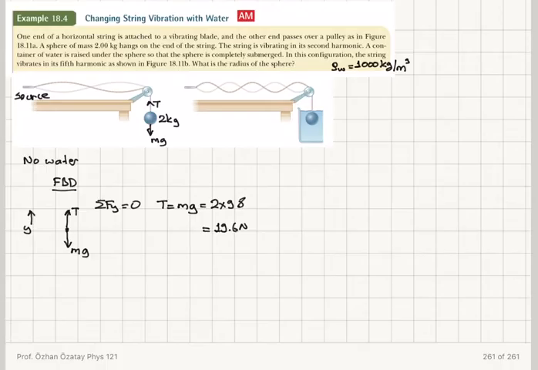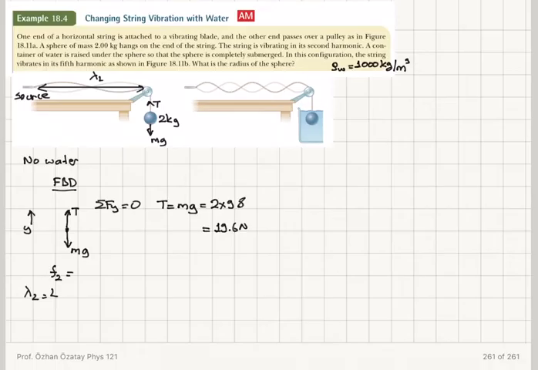And I see that the frequency of oscillation is the second harmonic, F2. For the second harmonic here, you can find out that the distance between the two fixed ends is a full wavelength, lambda 2.